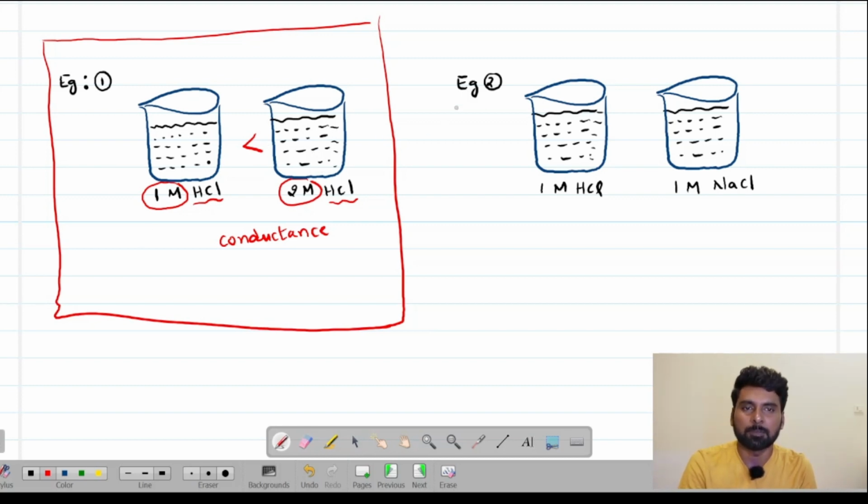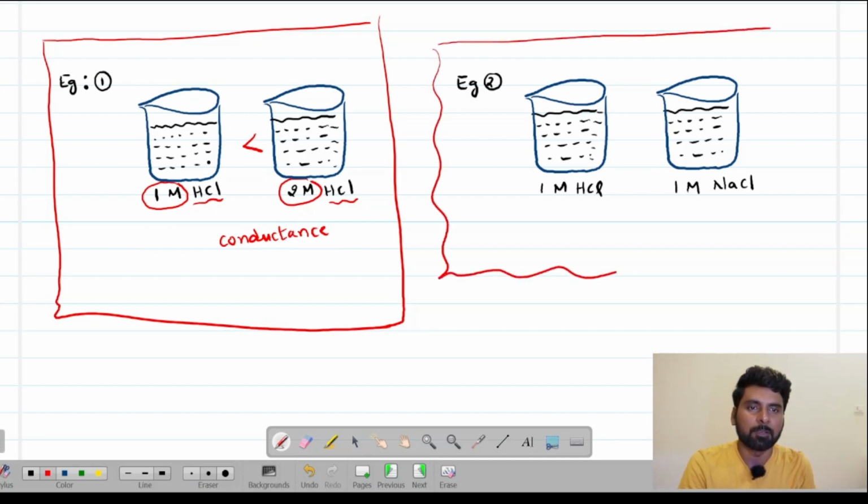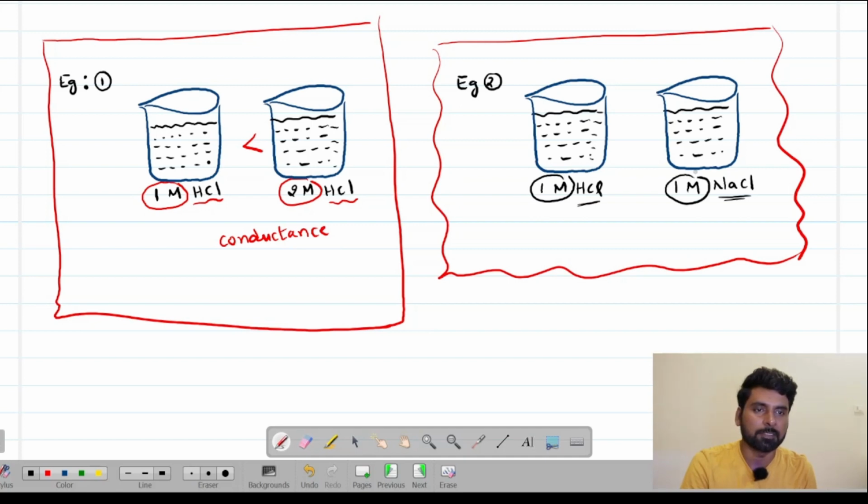That is the example. And let's take the second example. Example 2. In example 2, when you observe it, both the solutions are made up of two different chemicals. One is HCl, another one is NaCl. But the common thing about them is both contain the same concentration. That means both contain the same number of ions.